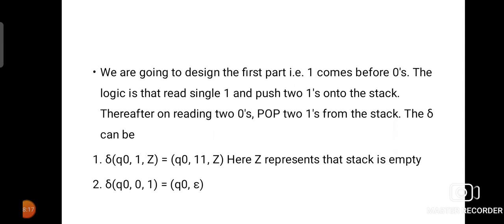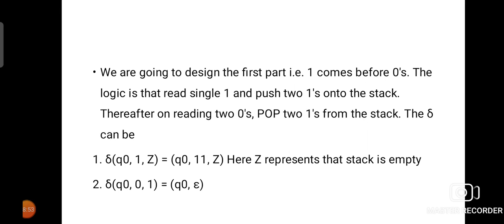The logic is when we read a single 1 we push 2 ones onto the stack, then when we read a 0, for each 0 one 1 will be popped off from the stack. So the corresponding delta functions will be del of q0, 1, z equal to q0, 1 1 z. That is, initially the system is in the starting state q0, and when 1 is applied as the input symbol, 2 ones will be pushed onto the stack.